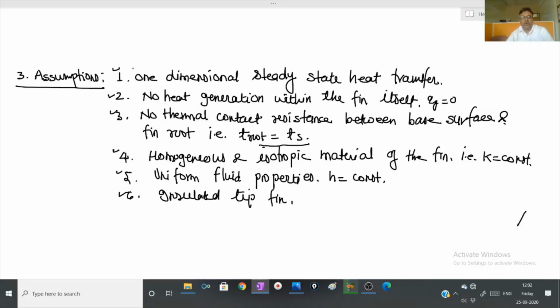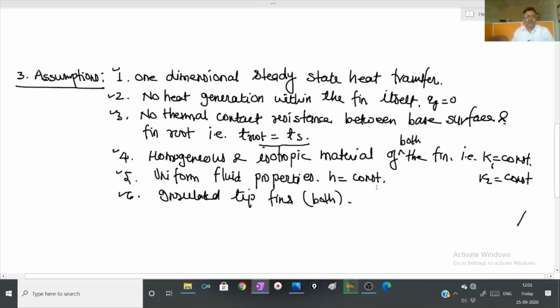Assumption number four: homogeneous and isotropic material of both the fins. That means K1 and K2 will be constant for both the fins. Then uniform fluid properties, that is h will be constant for the surrounding fluid, and both the fins are insulated tip fins.